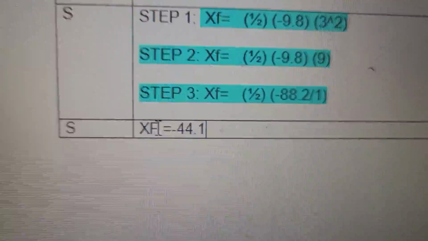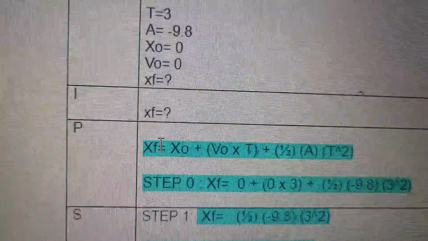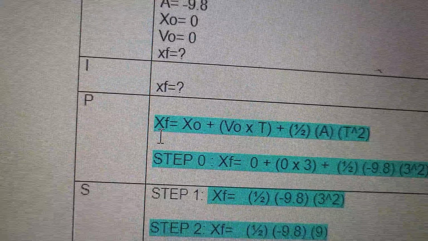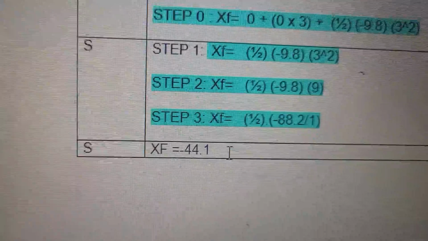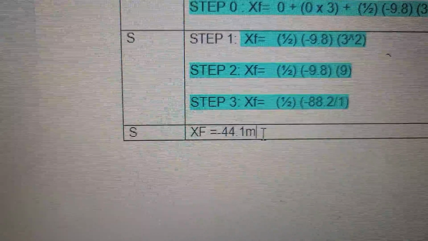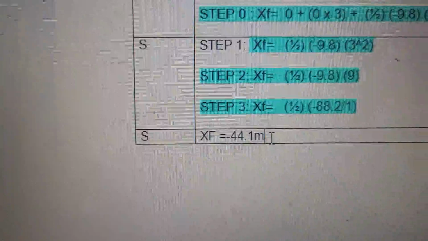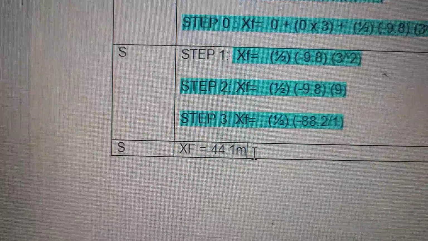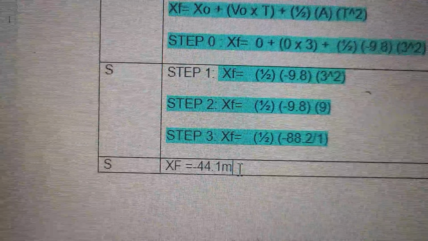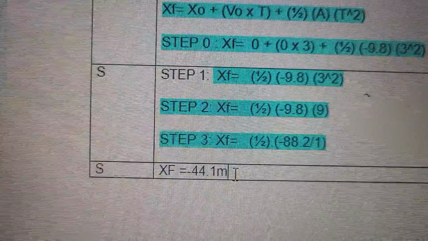So now without a measuring tape, I know that this house, based on how the water fell, is about 44.1 meters high. That's high, because if I know the length of 1 meter is the size of my arm when I stretch it out in front of me, almost like a nice hug, I know that this house is a pretty big house if it's 44 meters high. It's a pretty big mansion house.